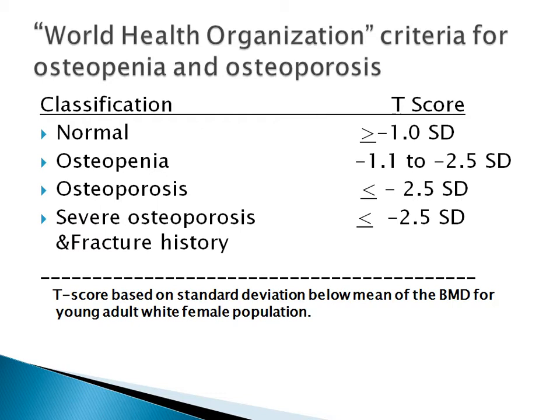Osteopenia is classified as a T-score of -1.1 to -2.5 standard deviations below the mean. Osteoporosis is less than or equal to -2.5 standard deviations below the mean, and severe osteoporosis is less than or equal to -2.5 standard deviations below the mean with a history of a fragility fracture.